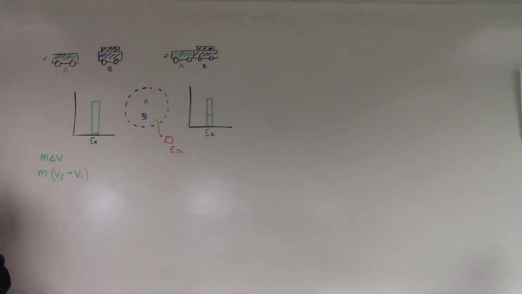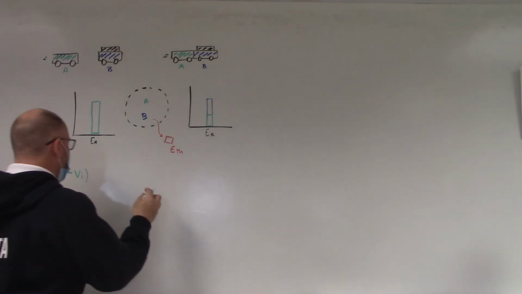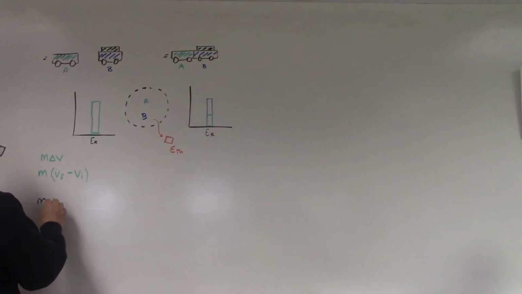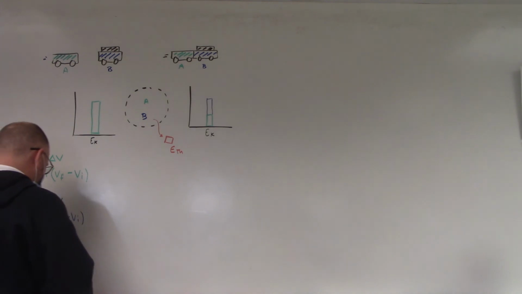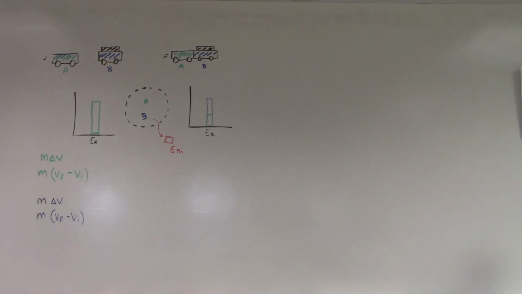So do M delta V for car A. Also do M delta V for car B. And we're going to try to figure out how does the M delta V for car A compare with the M delta V for car B? How does that sound? Good? Does this sound doable? All right. Yeah, that makes some sense to me. So M delta V for car A, M delta V for car B.